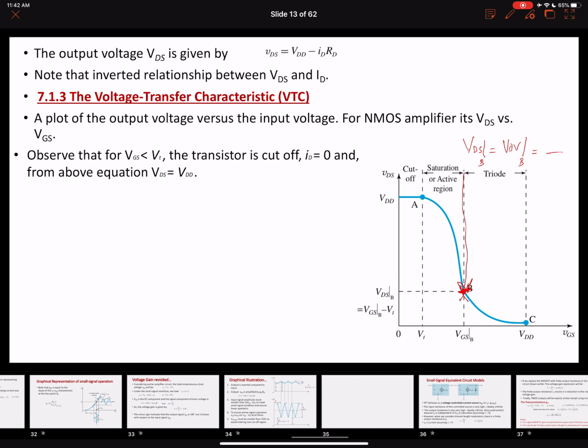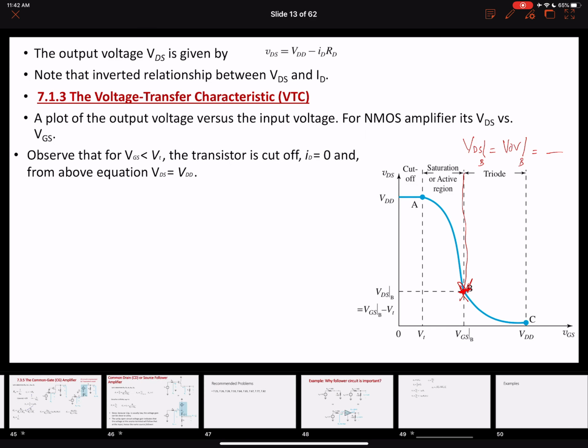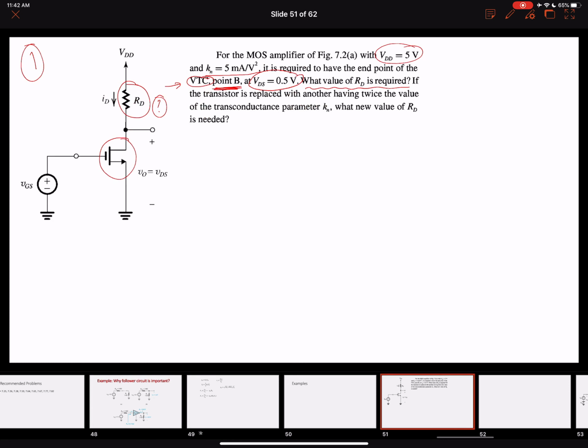Okay, so let's go back over here. We know that our drain to source voltage at point B will be equal to the overdrive voltage at point B, which is equal to 0.5 volts. We are interested in finding out the value of RD.